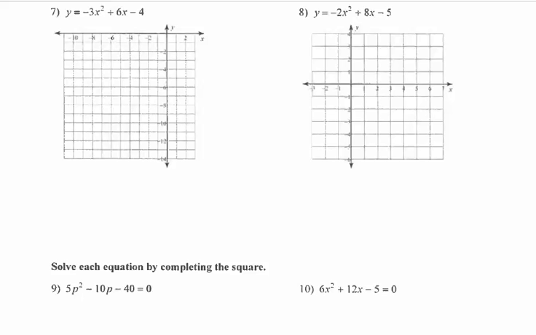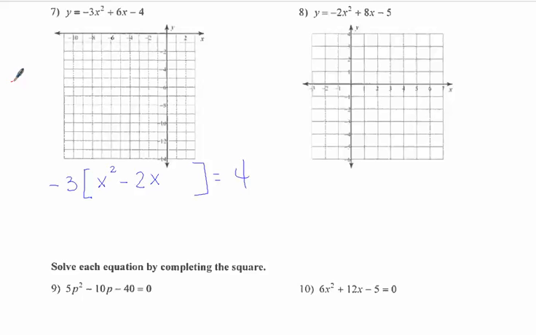I am going to take that -3 out. I'm going to be left with x squared. When I take a -3 out, this becomes minus 2x. I'm going to leave a space. I'm also going to move my -4 to the other side, making it a +4. So I did all that at once.